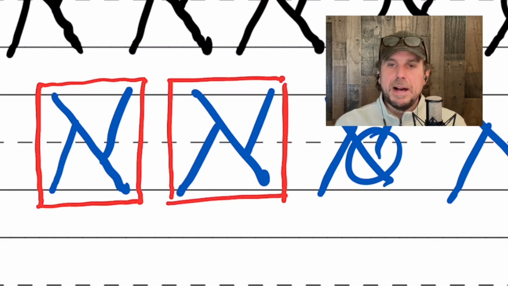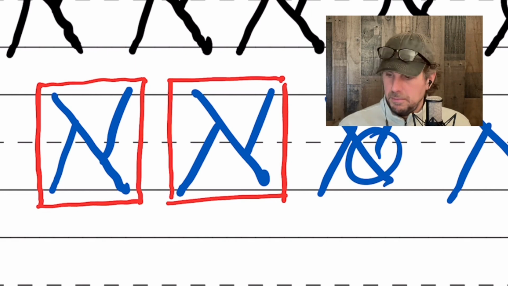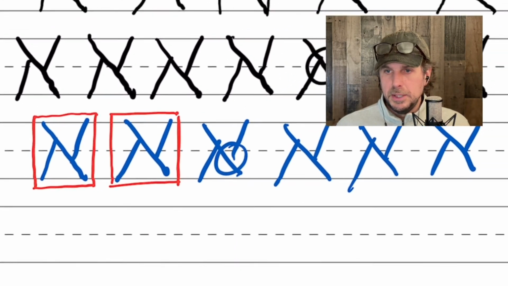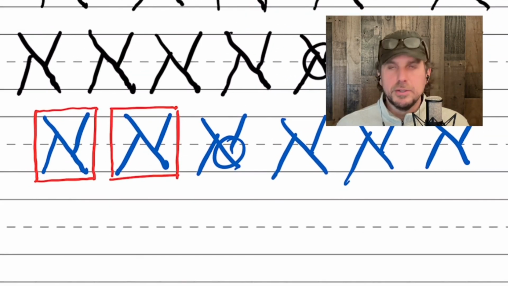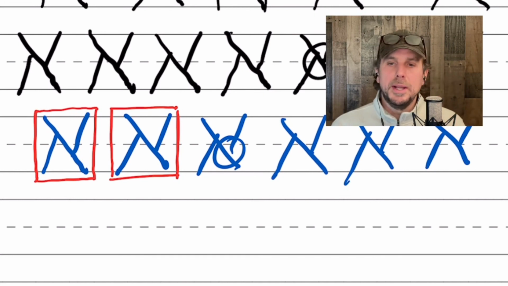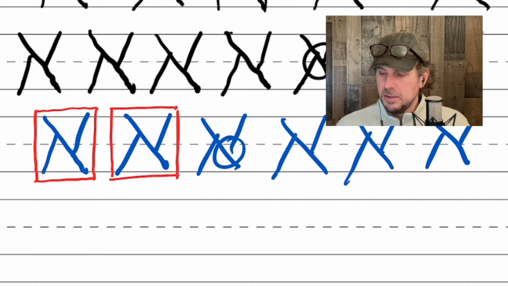So you want to evaluate your formation of those letters. And maybe you've got different colors, and you could use ink pens of different colors. But again, you don't want to get caught up on a mistake. If you see yourself making that mistake more than once, then slow way down.